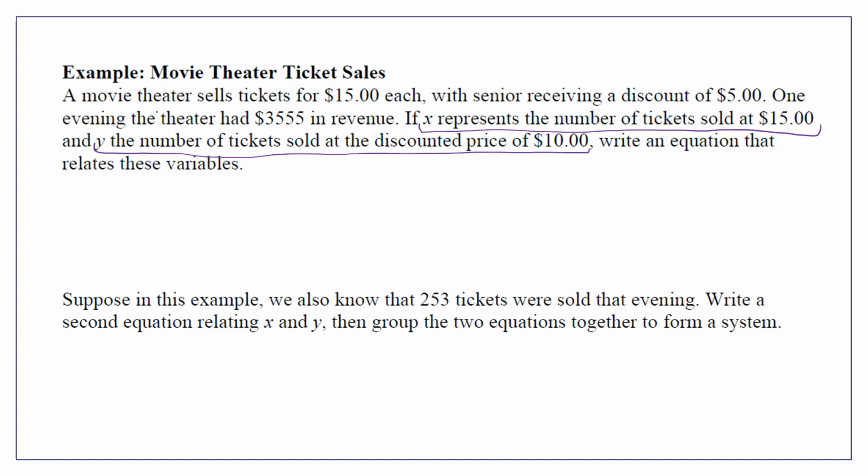We know the movie theater sells tickets for $15, and seniors receive a discount of $5. And one evening, the theater had a revenue of $3,555. So we want an equation that relates all of these variables.